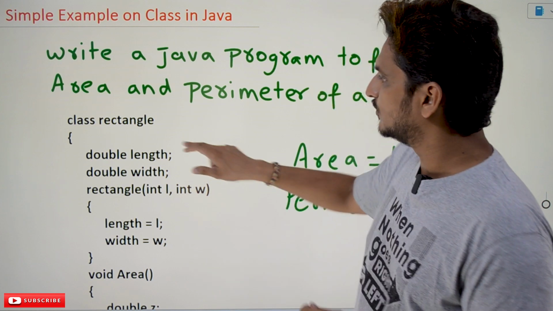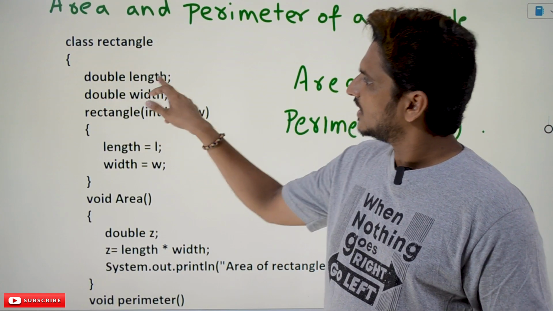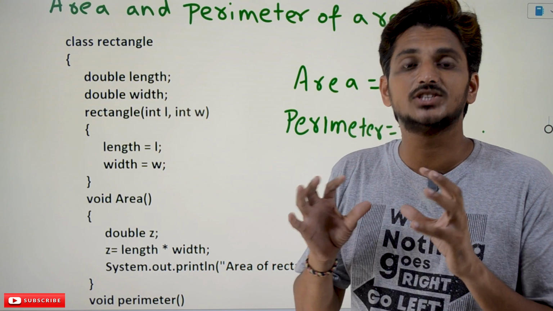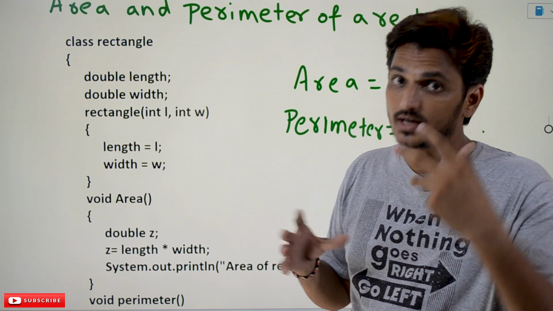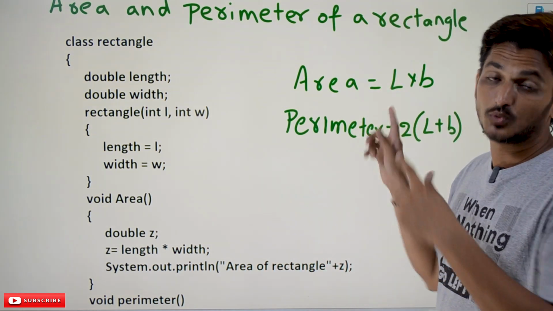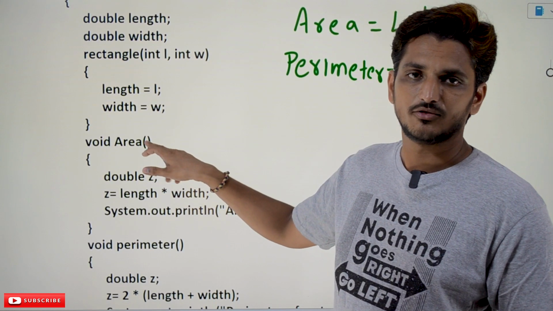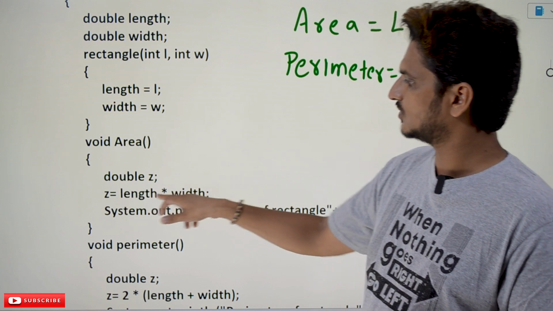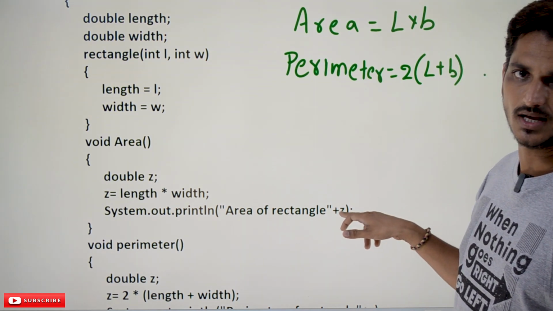So that's why we are defining a class Rectangle, with double length and double width. Length and width are the instance variables. Why we consider them as instance variables, you need to understand from here. Both methods use them. We have written a method void areaOf, which is going to find the area of the rectangle: z is equal to length multiplied by width, and it displays the area of the rectangle as z.